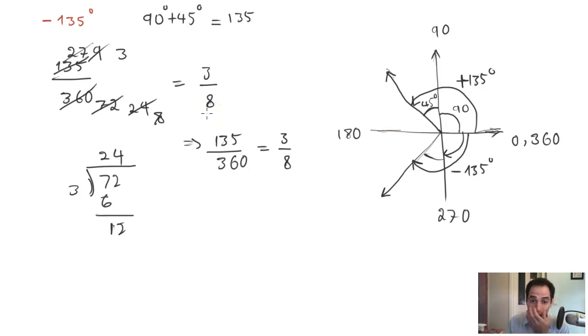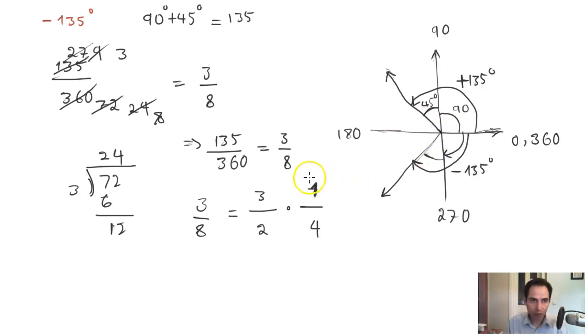And 3/8 you can write as 3 by 2 into, for example, 3 into 1 by 4. So 2 into 4 is equal to 8, and 3 into 1 is equal to 3. So that means 3/2 of 1/4, or 1/4 of 3/2.